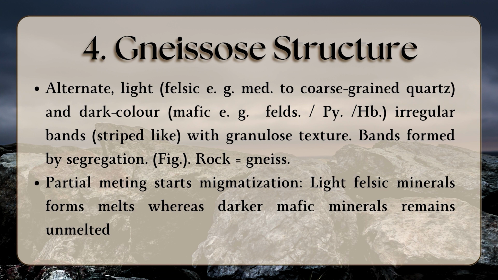Bands are formed by segregation. The rock is known as gneiss. Partial melting starts magmatization. Light felsic minerals form melts, whereas darker mafic minerals remain unmelted.